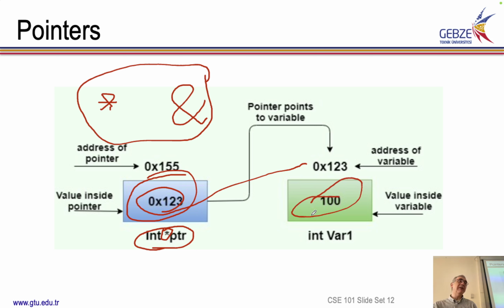What we store in the pointer is not 100, but 0x123. 0x123 is a hexadecimal number. 0x means hexadecimal notation. So 0x123 is a hexadecimal address. That address contains 100. And that 0x123 is stored somewhere else, which stores the pointer. And it is the pointer variable.